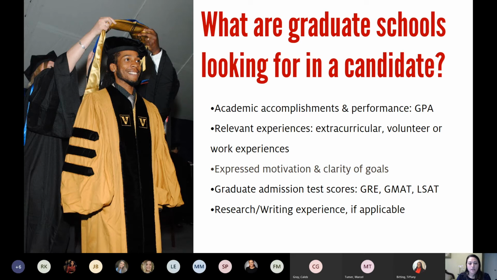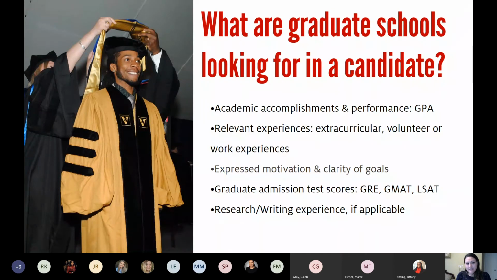Graduate schools are also looking for what relevant experiences you had that will prepare you for a graduate program. This can come in the form of extracurricular activities, volunteer and work experiences. So if you held a leadership position, maybe you were an active member of your organization, maybe you held a part-time job while you were in your bachelor's degree, or an internship as well.